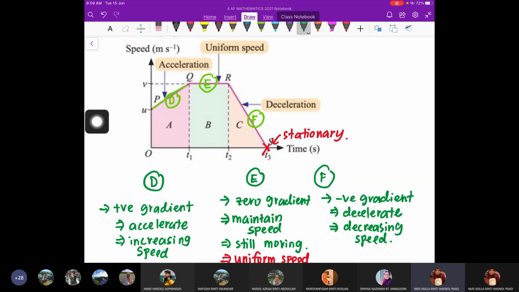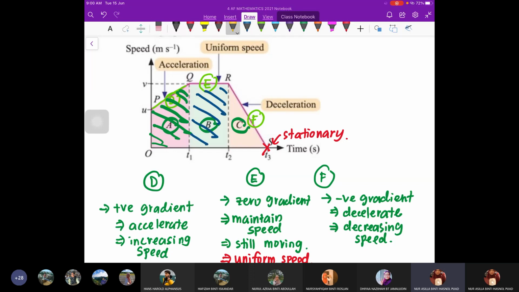Okay. Area under the graph meaning A, B and C ni. Maksudnya ni. Area kat bawah ni. Apa dia boleh bagi saya maklumat.